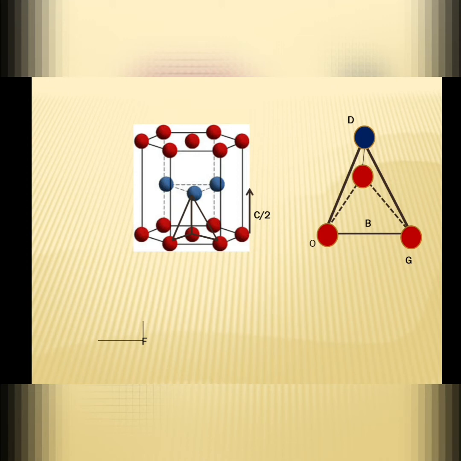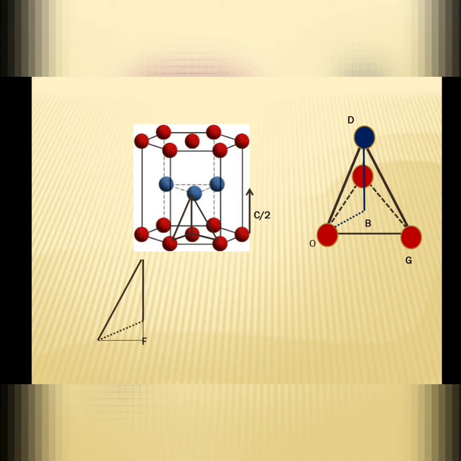Now bisect the angle DOG, and by bisecting the angle and joining the atom with D, we can get a right angle triangle OBD.